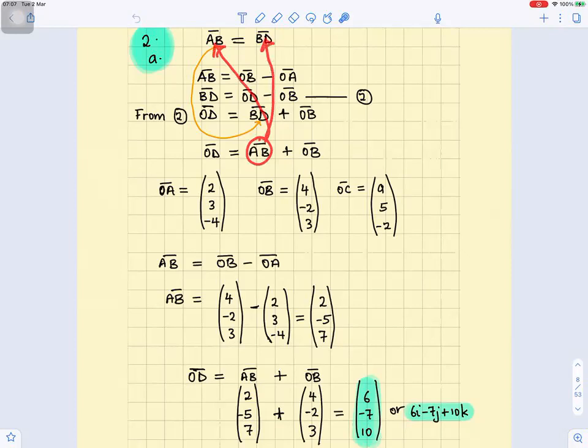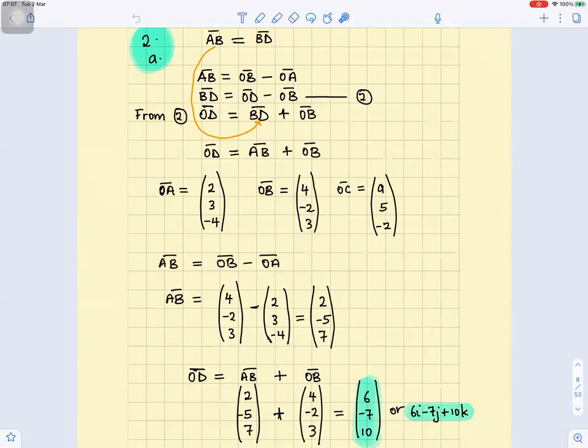So that is why it would be AB plus OB. So you've got OA is there, OB is there, OC is there. Now AB is OB minus OA, the second letter minus the first.